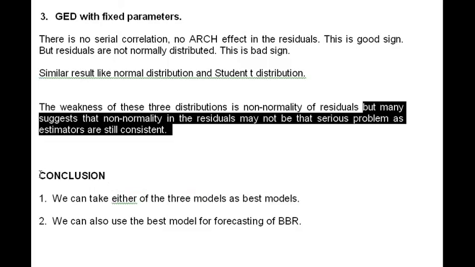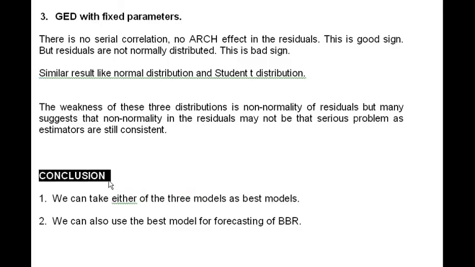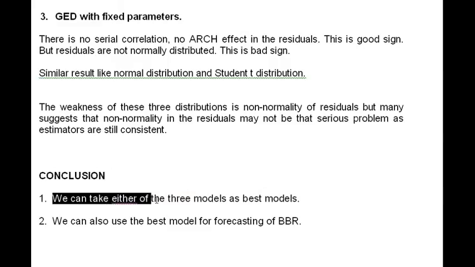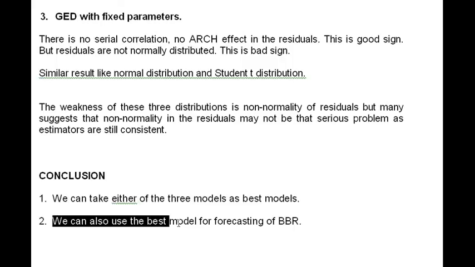So what is the conclusion? We can take either of the three models as the best model. That means out of three, we can take any one as the best model. And we can also use the best model for forecasting Bangladesh bond return volatility, meaning the GARCH model, model number 1.2, which is above.